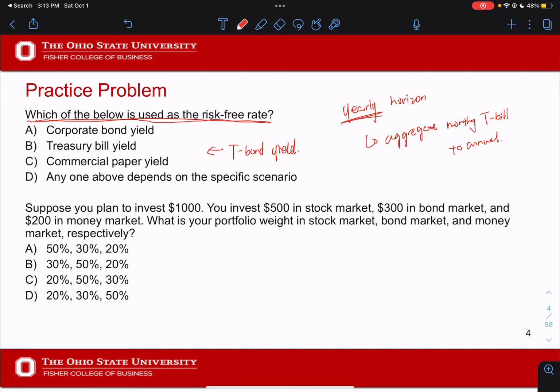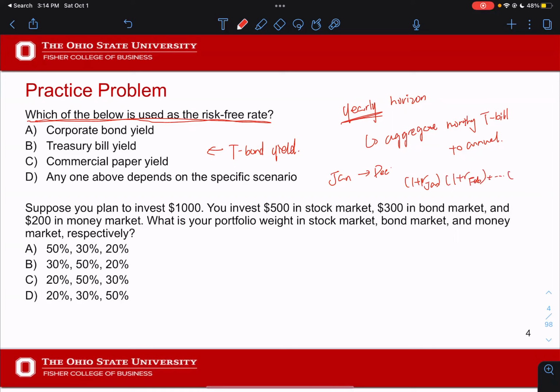So for example, if I have the return from January to December, for the annual risk-free rate, I use 1 plus the raw return in January, times 1 plus the raw return in February.